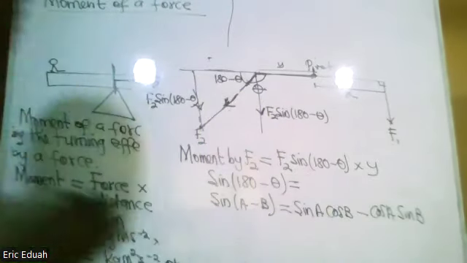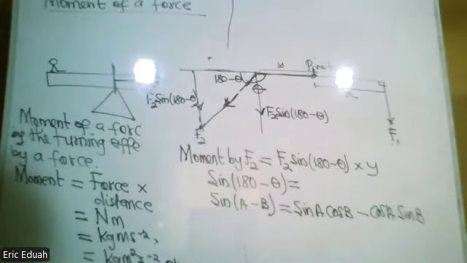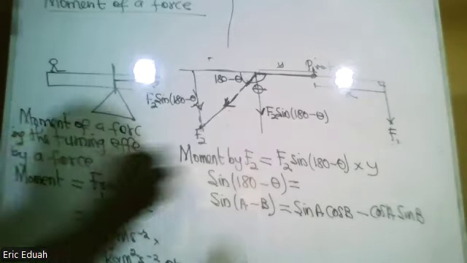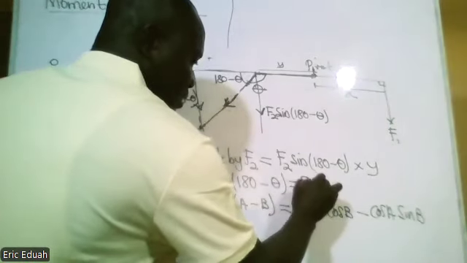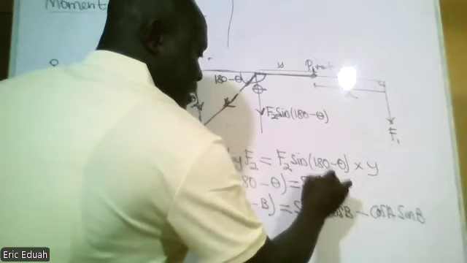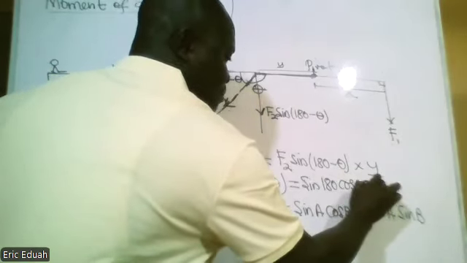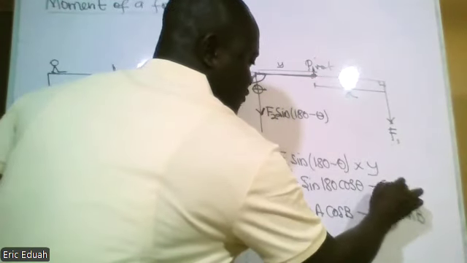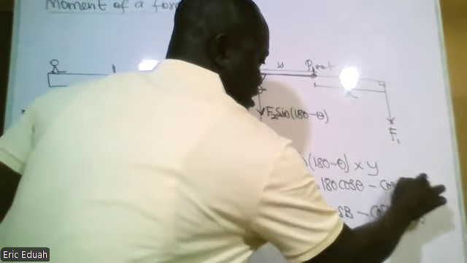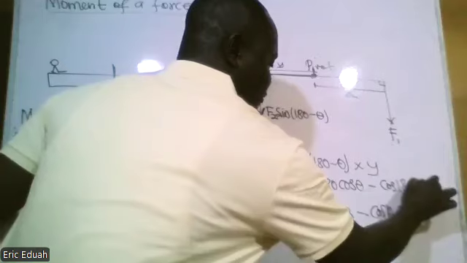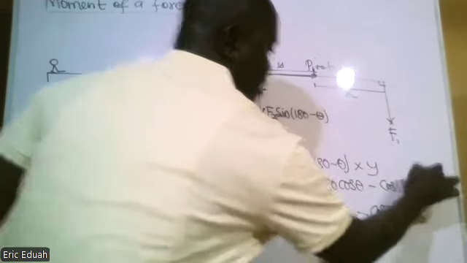Sine 180 minus theta will be sine of 180 times cos of theta minus cos of 180 times sine of theta.